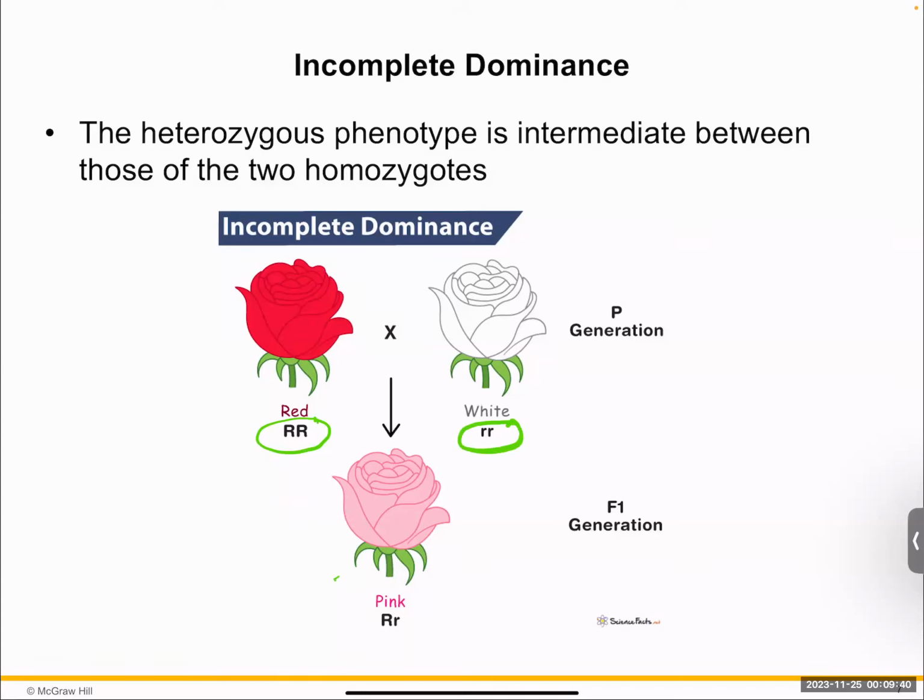So you fall somewhere in between the two. If you crossbreed a true breed of red with a true breed of white, which are the 2 homozygous, you will end up with 100% heterozygous genotype, and the phenotype would be a pink color, which lies between the 2 dominance characteristics.